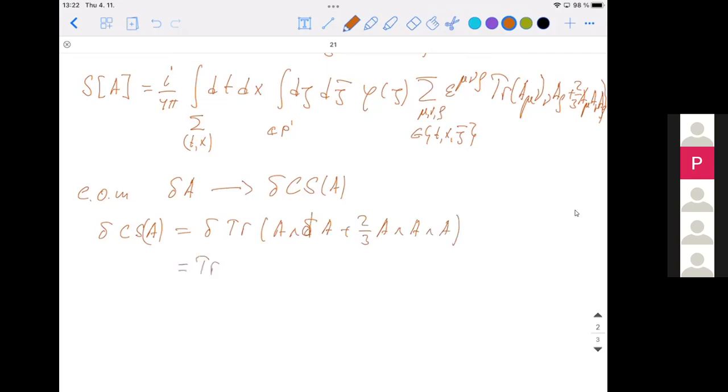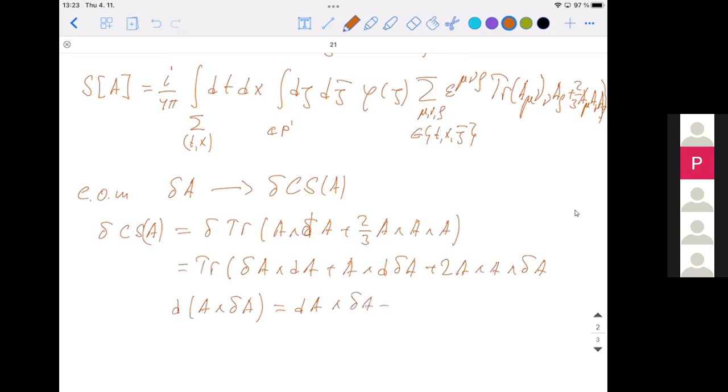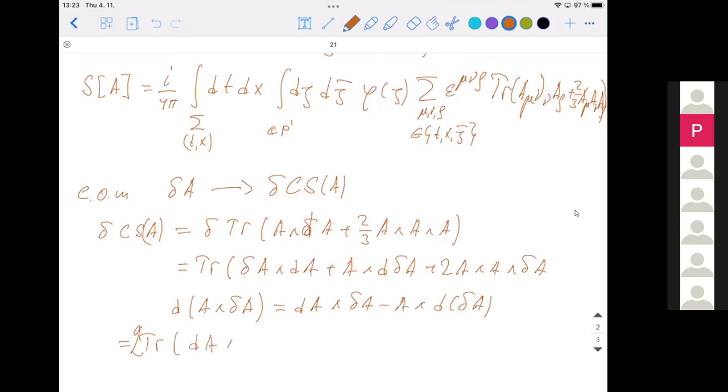So let's say trace delta A dA plus A d delta A plus 2 A A delta A, and then if you take B from A, delta A, then this is delta A. So from here, we can write down the variation of the Chern-Simons 3-form.